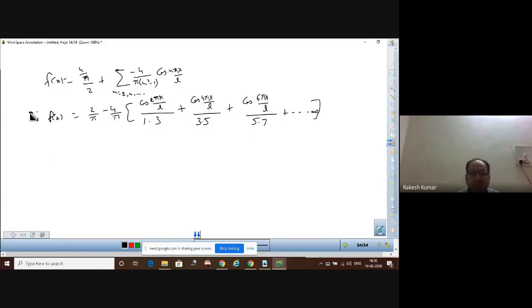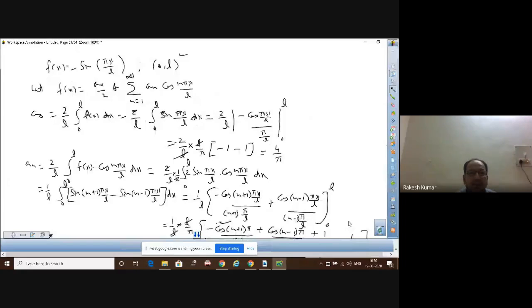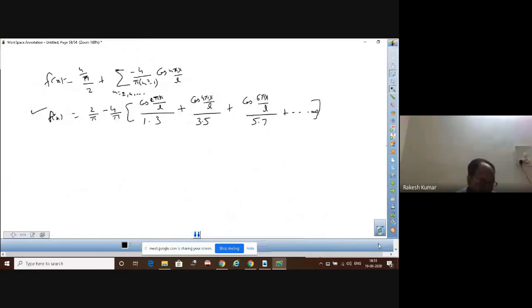So this is the required Fourier series of the given function f of x. And what was your f of x? F of x was sine pi x over L. And you see, this is the half range cosine series. Similarly, we can also find out the half range sine series of this question. So in this way, we can find out the half range sine series and half range cosine series.